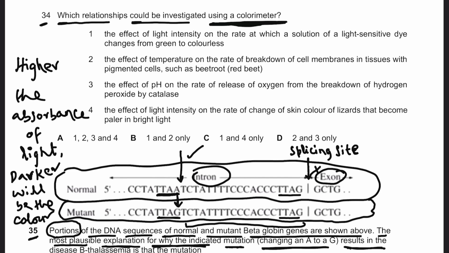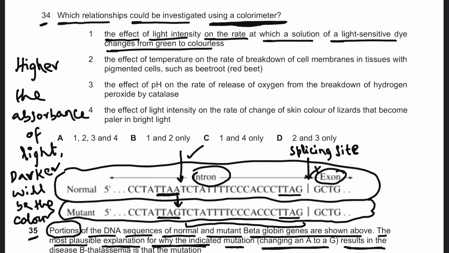So guys, we can always place the test tube containing solution in a colorimeter. Which relationships could be investigated using a colorimeter? The effect of light intensity on the rate at which a solution of light sensitive dye changes from green to colorless.